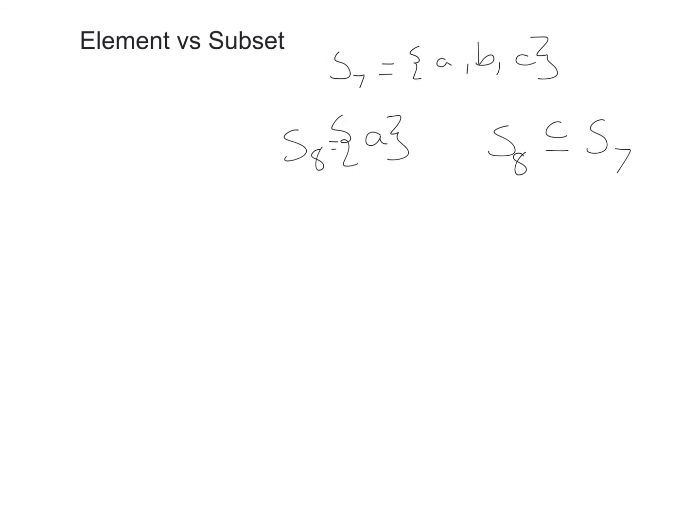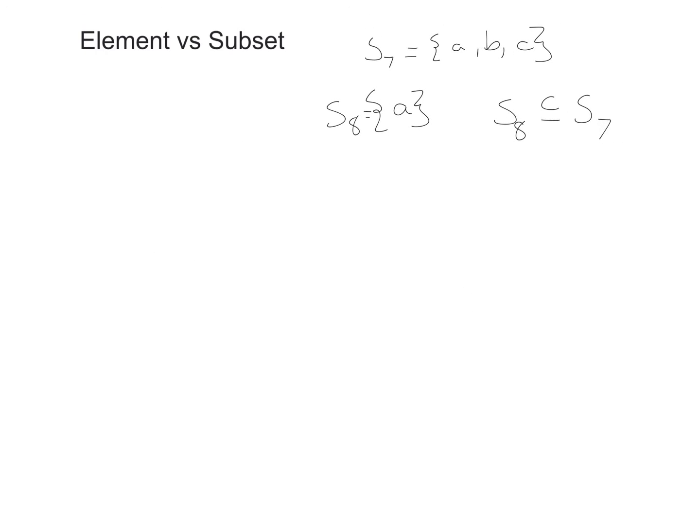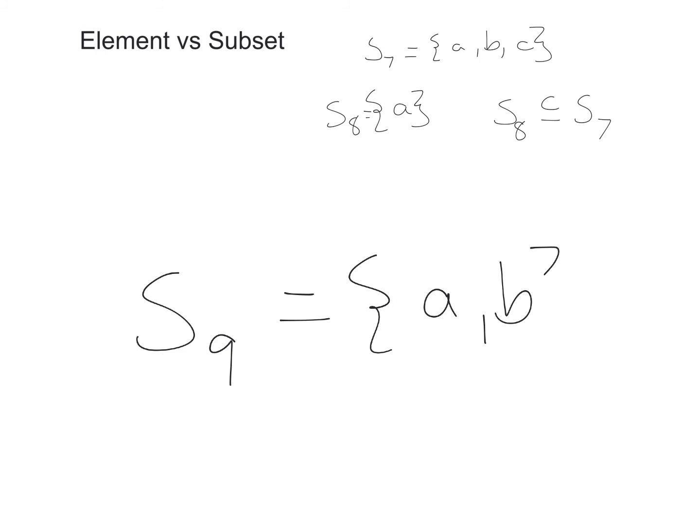So let's shrink this stuff and put it up there. Let's make an S9, and let S9 be the set containing A, B. Here's my question: is S9 a subset of S7?